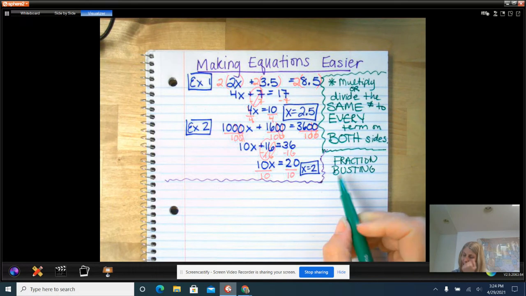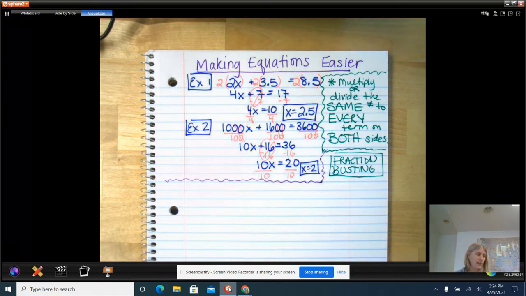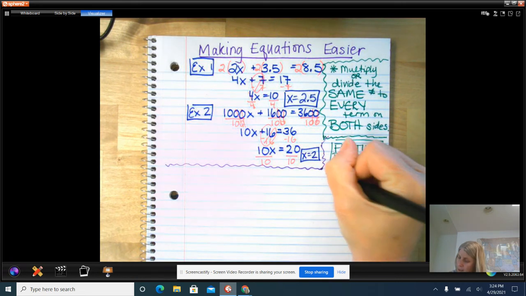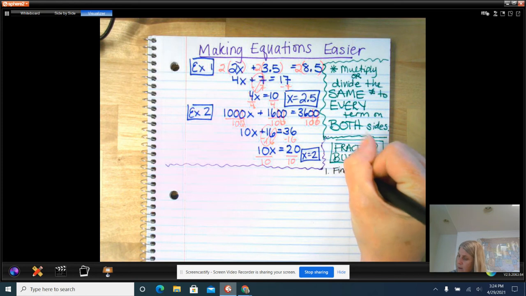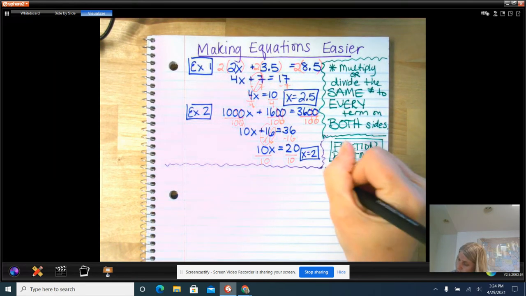And like I said, we're going to write this down a second time where we're going to go over more examples of it. But our first step for fraction busting is to find the common denominator.